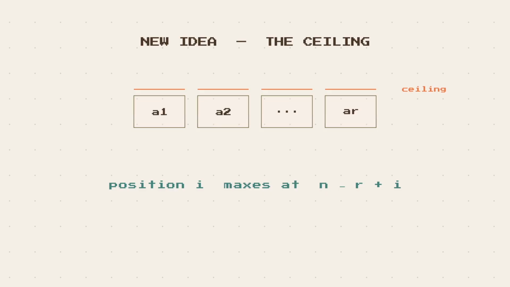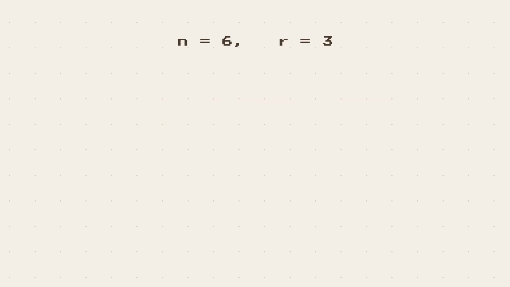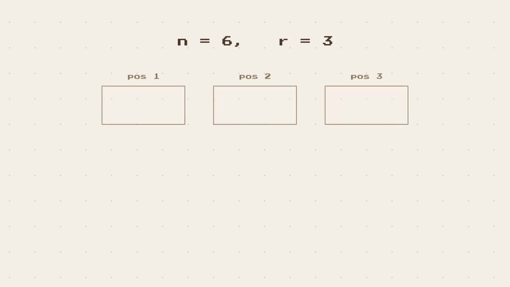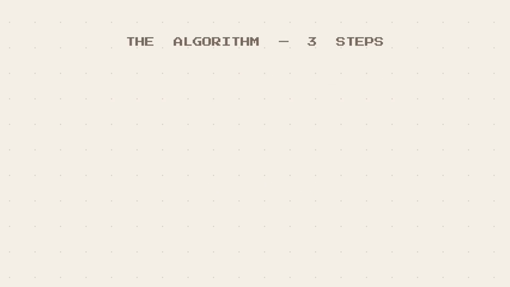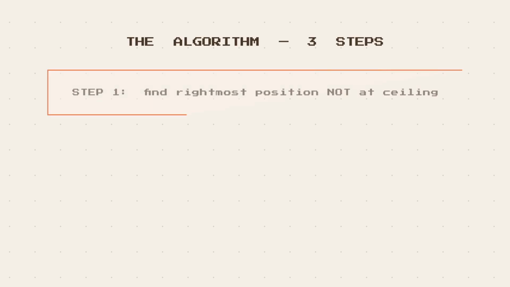Okay, so let's just consider one example, right? For n equals 6 and r equals 3, the ceilings are: position 1 maxes at 4, position 2 maxes at 5, and position 3 maxes at the value 6. Now, these caps leave room for later positions. Now, let's take a look at the algorithm. Okay, so it has 3 steps.